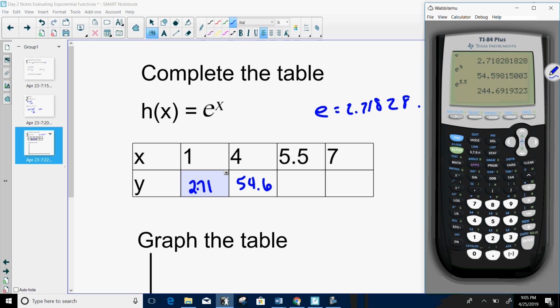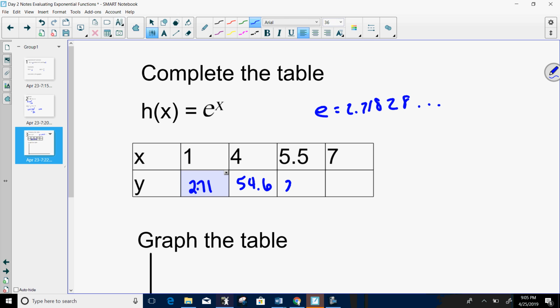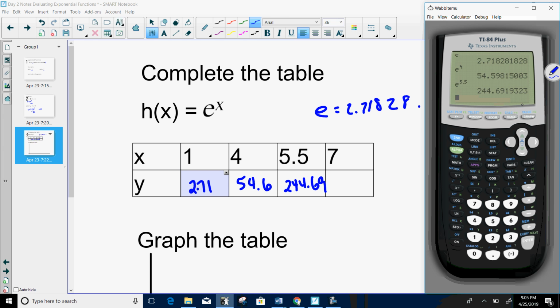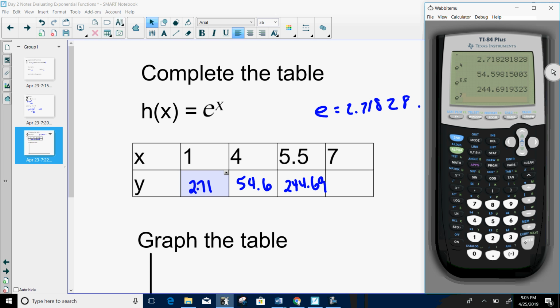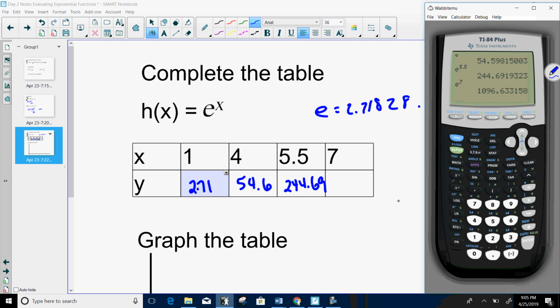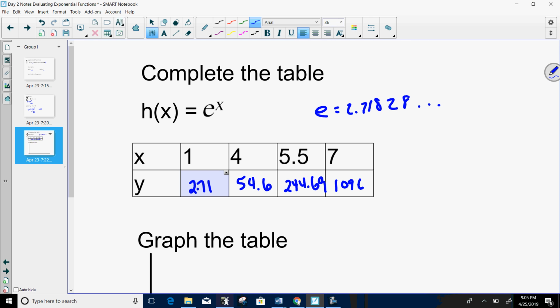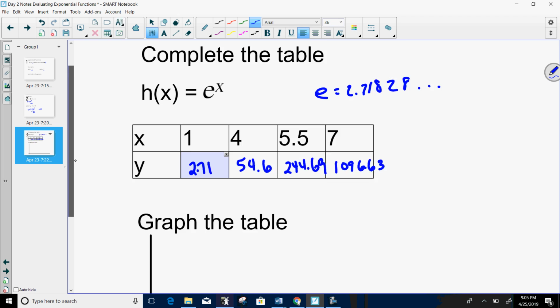And you'd get 244.69. And then the last one would be 7. So you would hit second, natural log, 7, hit enter, and it's 1096.63. And that's evaluating exponential functions.